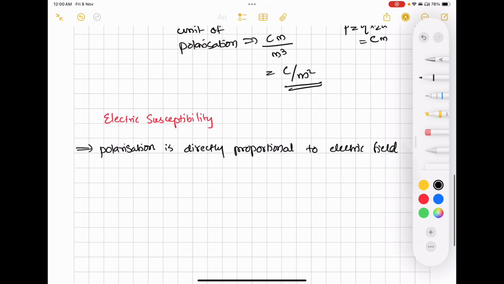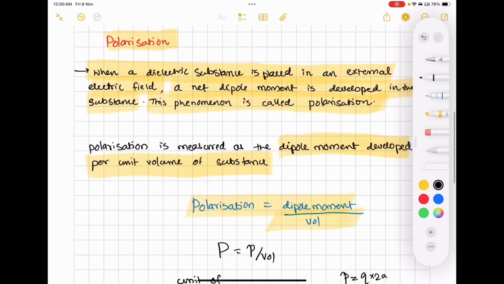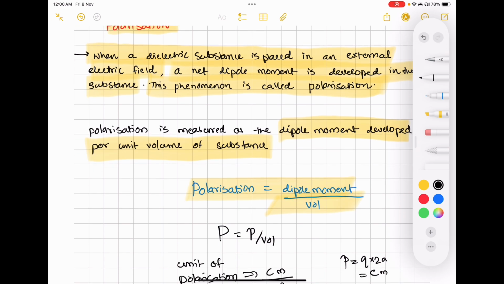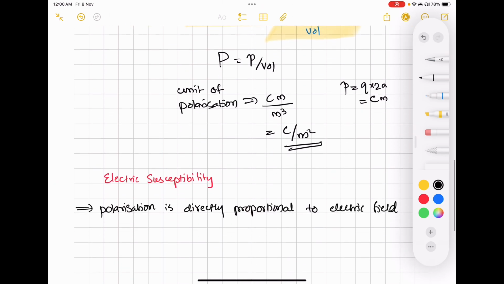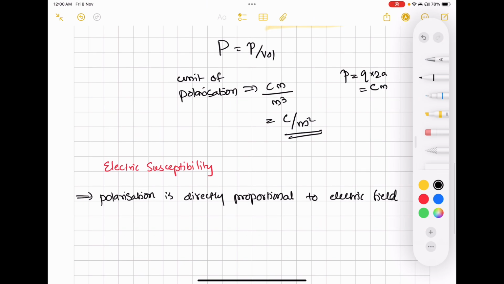That is, polarization is a phenomenon in which we place a dielectric substance in an external electric field and a net dipole moment is developed in it. So it is very clear that the dipole moment developed, or the polarization, is directly proportional to the electric field.